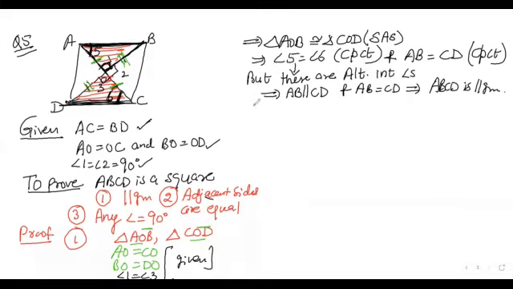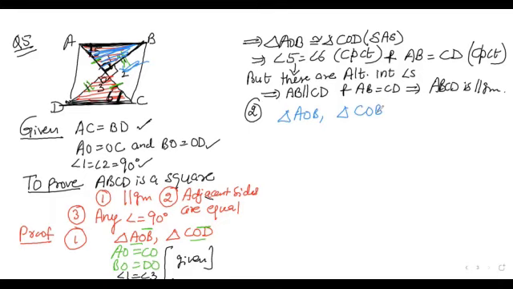For second part, we have to prove that adjacent sides are equal. To prove the adjacent sides as equal, let us now take the different triangles. Suppose I'm taking this triangle and this triangle. So triangle AOB and triangle COB.